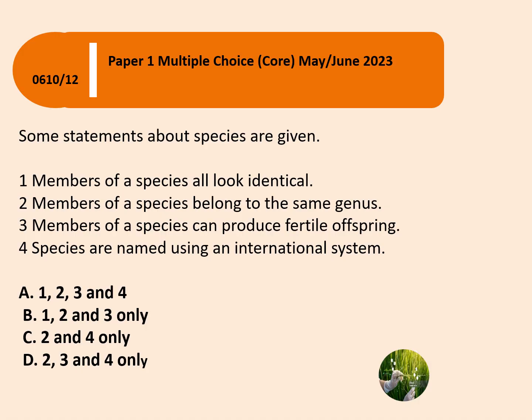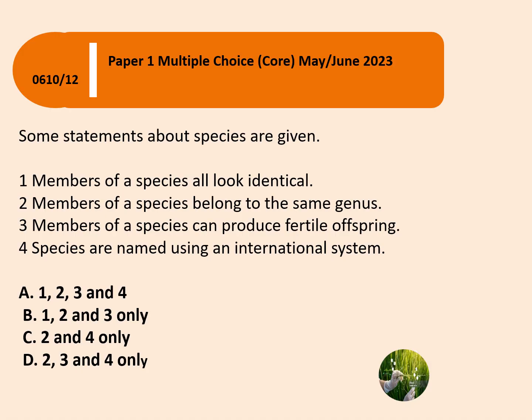That is not true. Now, if you look at cats, they are not identical, although they are of the same species. Then members of a species belong to the same genus. It is true. Members of a species can produce fertile offspring. So that is also true. That is the definition of the species, that they can reproduce and produce fertile offspring.